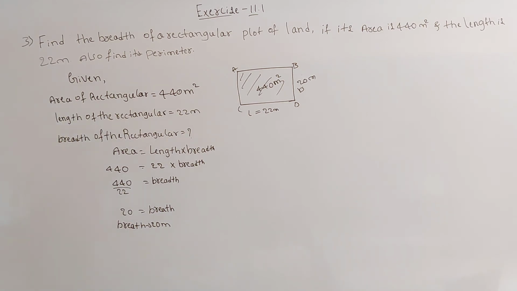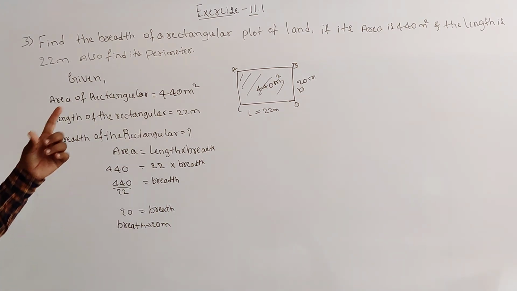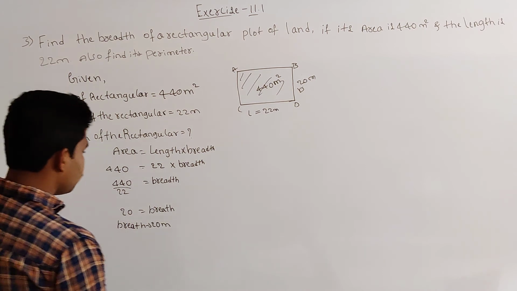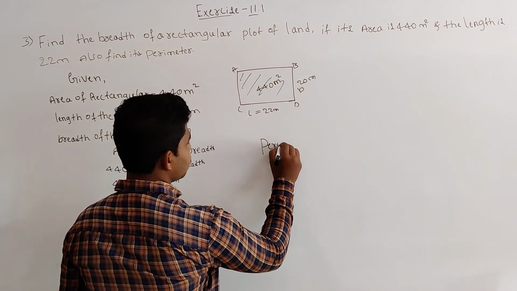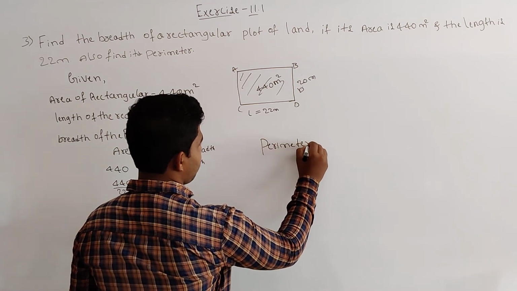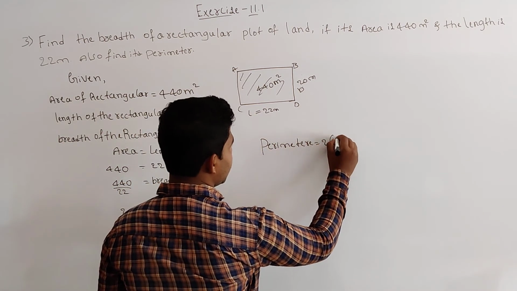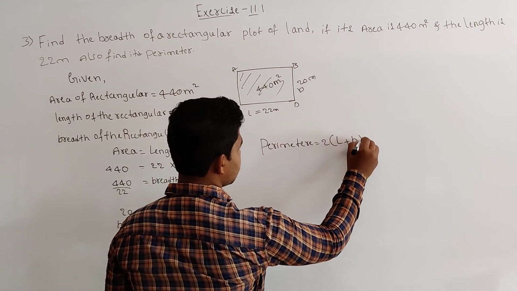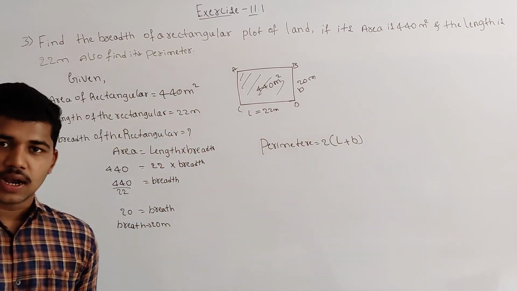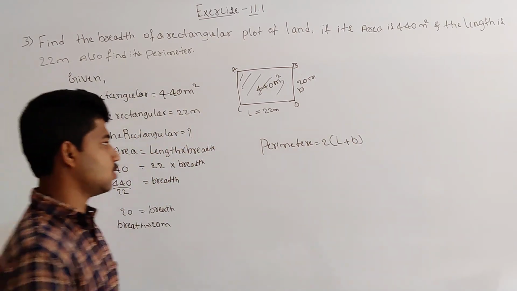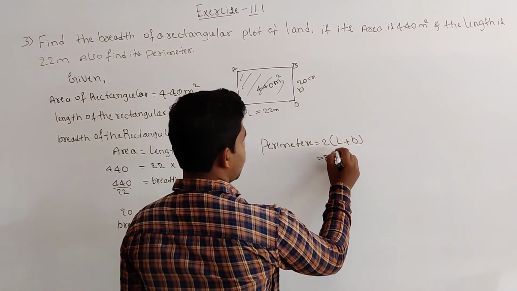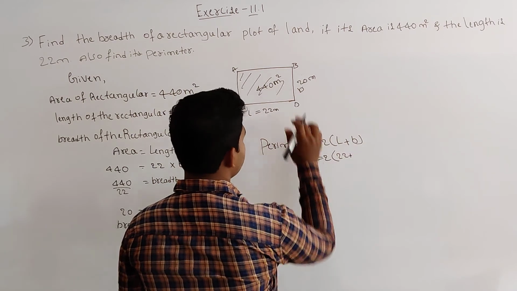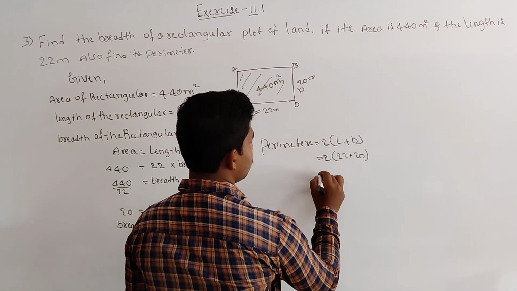Now they asked to find the perimeter of the rectangle. Already we know the perimeter formula of the rectangle. Perimeter is equal to 2 bracket L plus B, meaning 2 bracket length plus breadth. 2 as it is. The length is 22 plus breadth 20.